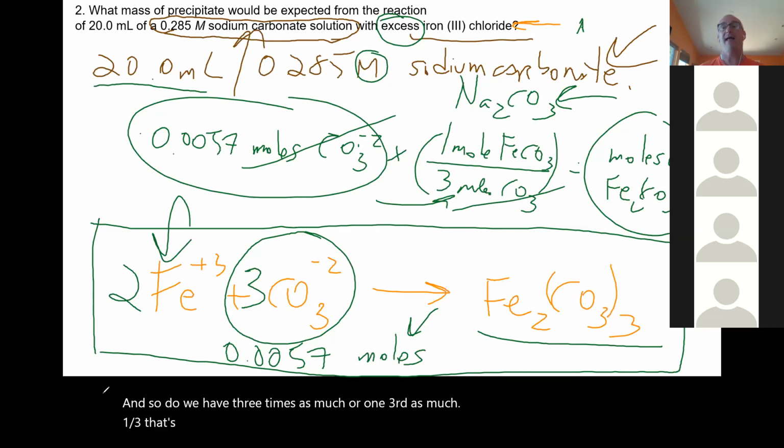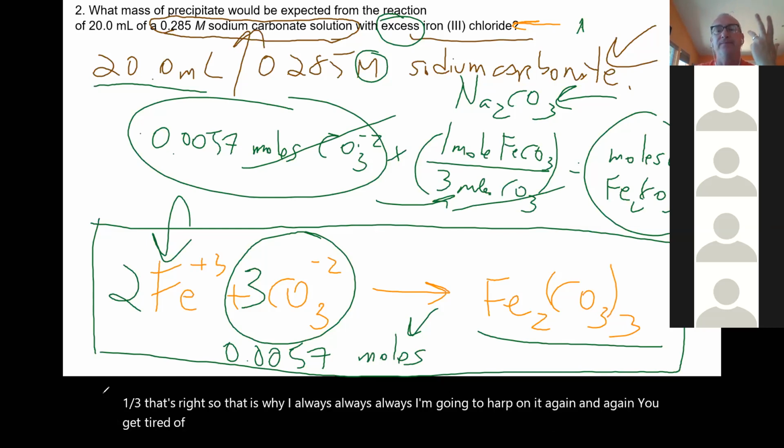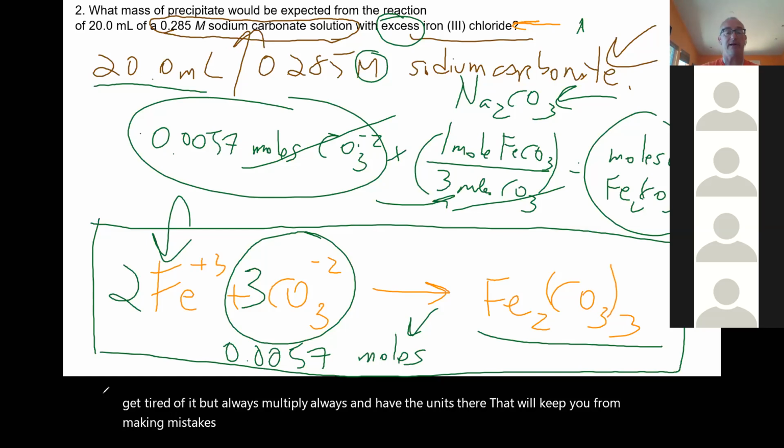That is why I always, and I'm going to harp on it again and again, and you get tired of it, but always multiply, always, and have the units there. That will keep you from making mistakes like that. Because we look at the balanced equation and we say, okay, the ratio is 3 to 1.